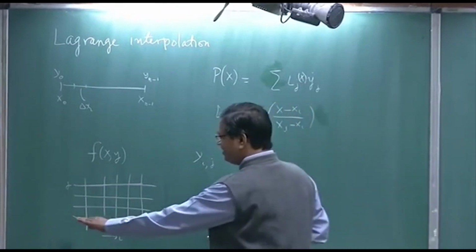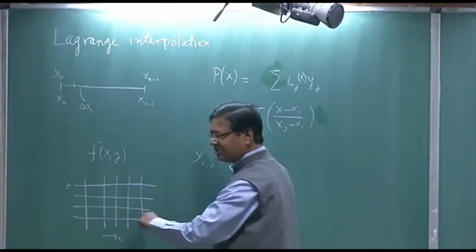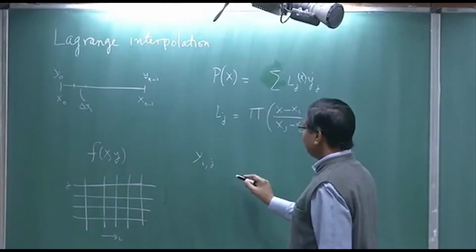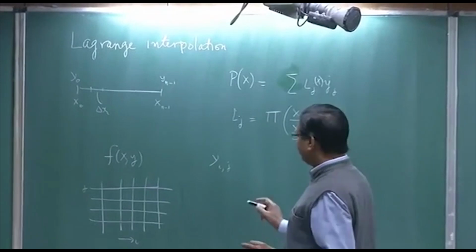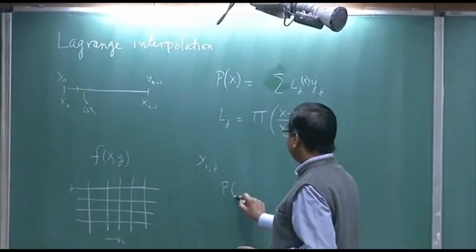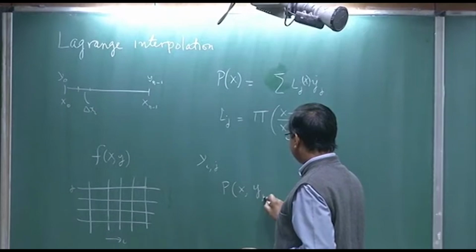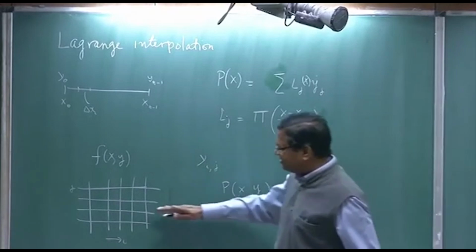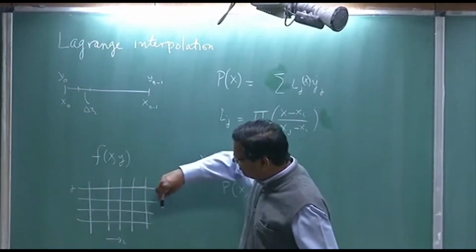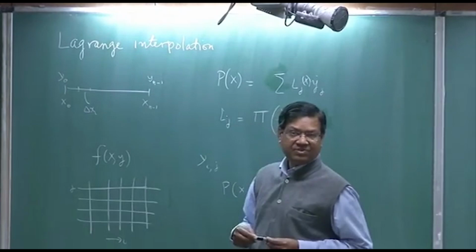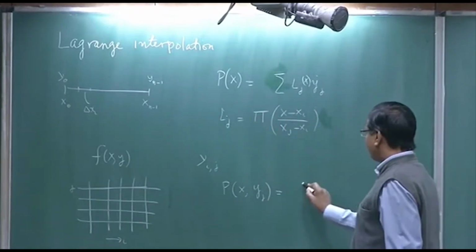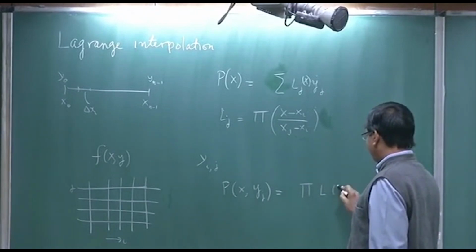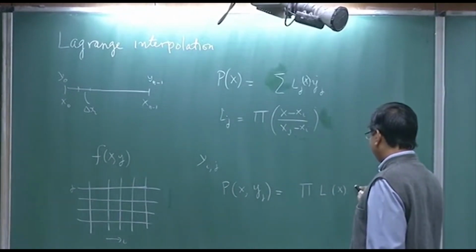So for a given j in this direction, I can do interpolation. So let's first fix j. My polynomial p of x, I'm going to put that i here in a minute.